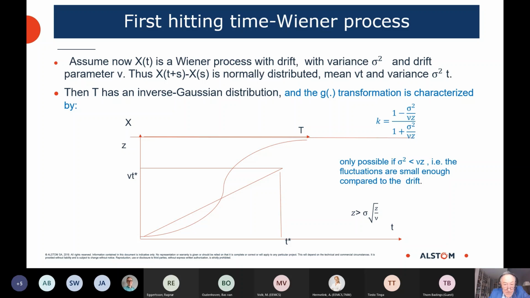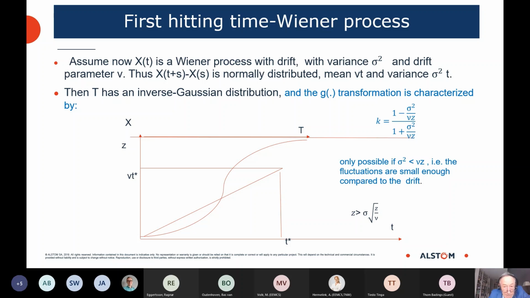And that means actually that the fluctuations, which are measured by the variance, are small enough as compared to the drift, which is measured by the parameter nu. Another way to say this is we have this equality. Z is the size of the, let's call it the size of the crack that we want to reach. And the right-hand side is the time to reach this: to reach Z, you need the time Z divided by nu, okay?